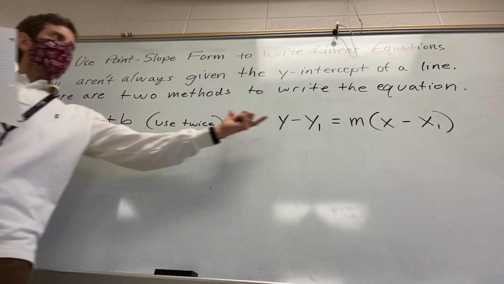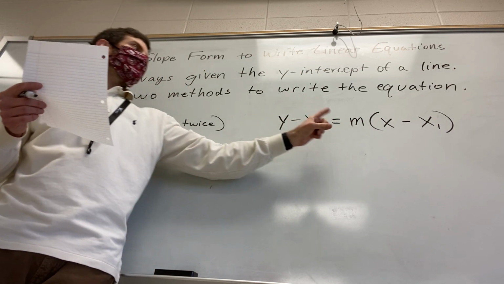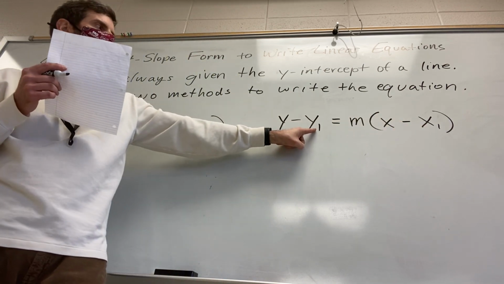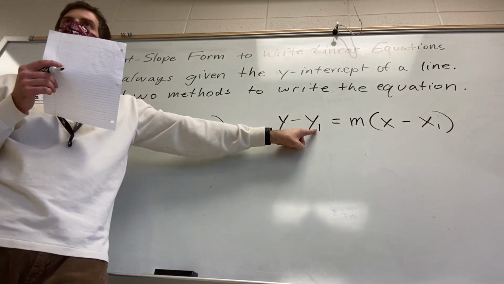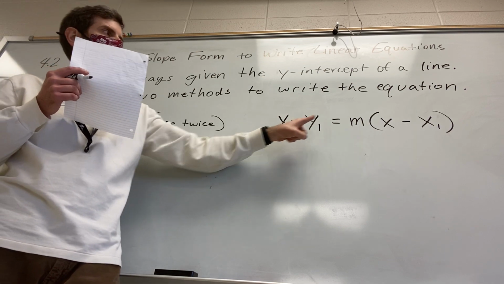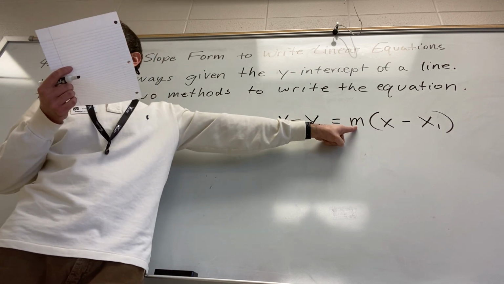With this one, you get to write your equation right away, because the x1 and the y1 come from the point that you're given. This y and this x just stay. And then m is your what?